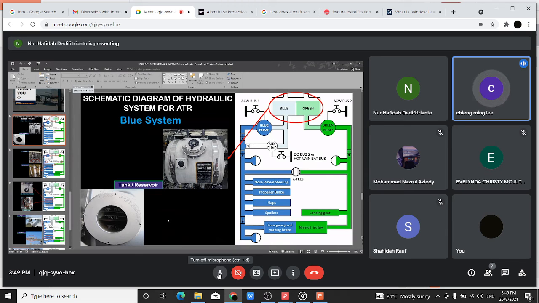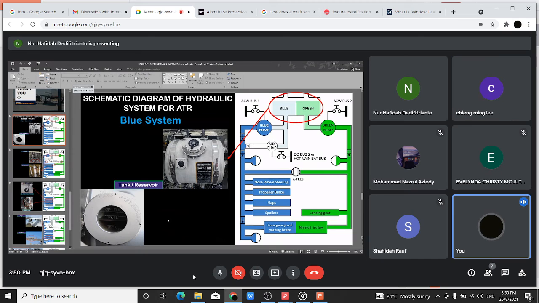Yeah, any fluid is like water. If you fill up to maximum and we put pressure, what will happen? In a severe case, the bottle may explode. Right? So we must have a gap in the hydraulic reservoir, in case we get a boiling effect.